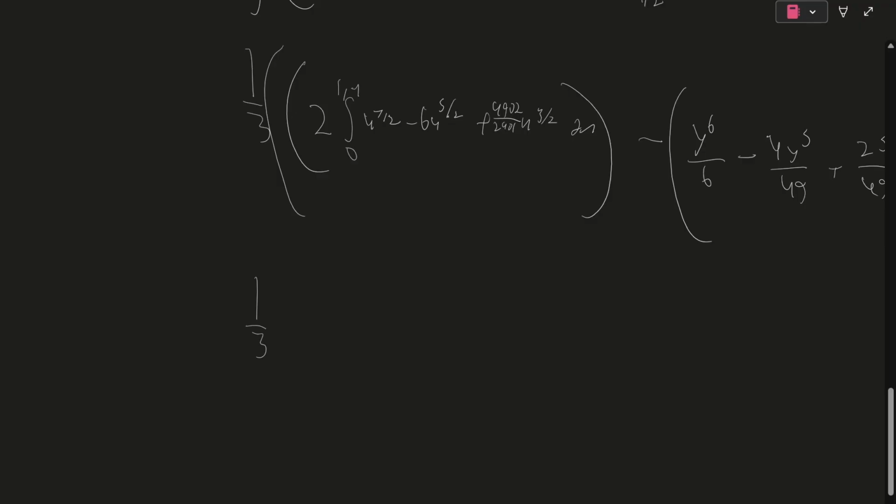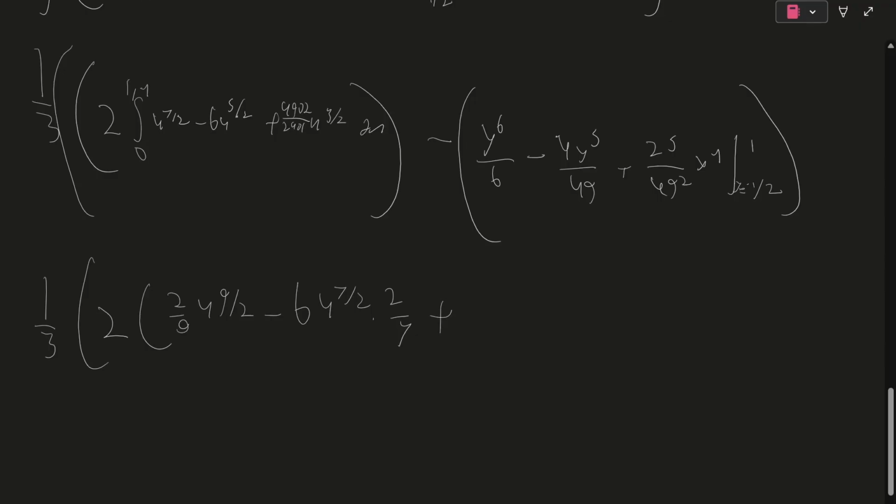So we get 1/3 times 2 times our 2/9 u to the 9/2 minus 6 u to the 7/2 times 2/7 plus 4,902 (2,401) times 2/5 u to the 5/2.